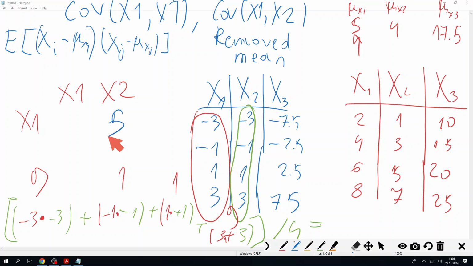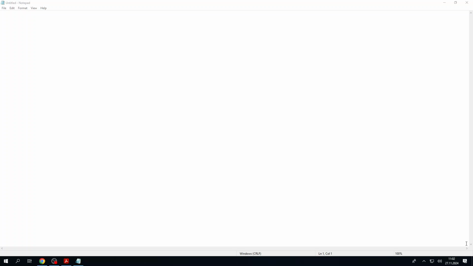And of course, the combination between x2 and x1 is going to be also 5, because order here doesn't matter. So anyway, this way you can construct this covariance matrix.